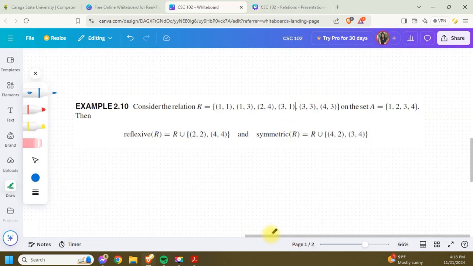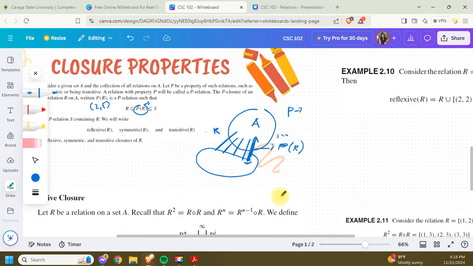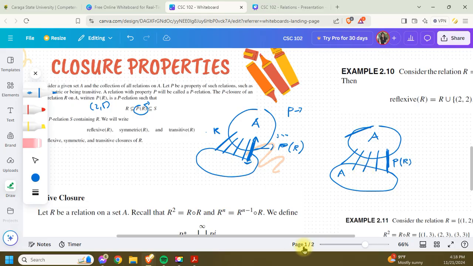So let's just draw it. Say for example, this is a set A, and of course this is somewhat related to another set. It could be itself or it could be another set. And then as I have mentioned, this is your P of R, the property of that relation.